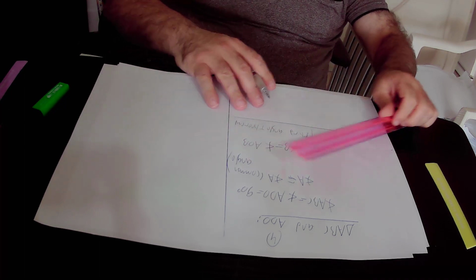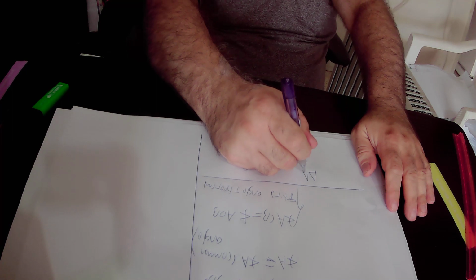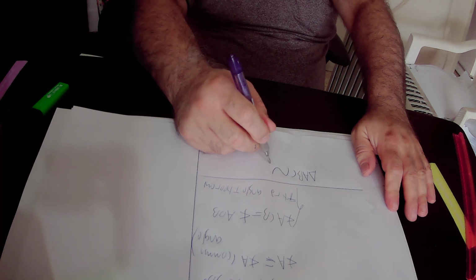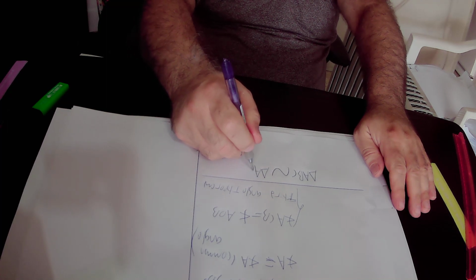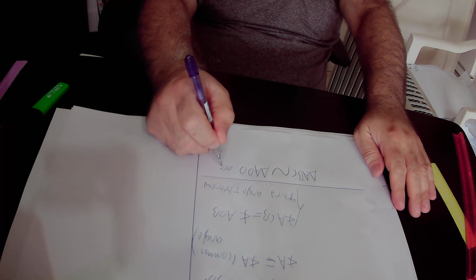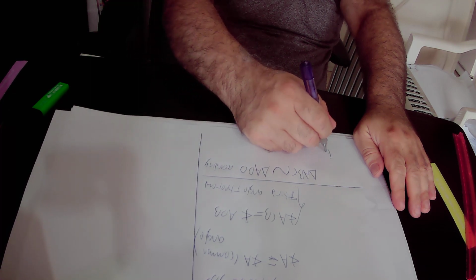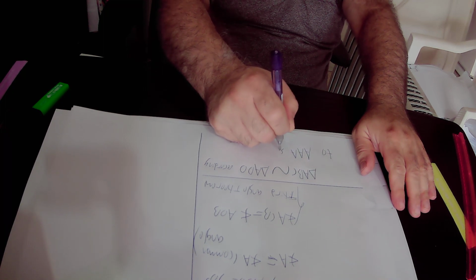We actually proved that triangle ABC is similar, this is the sign of similar, to triangle ADO, the green triangle, according to angle similarity rule.